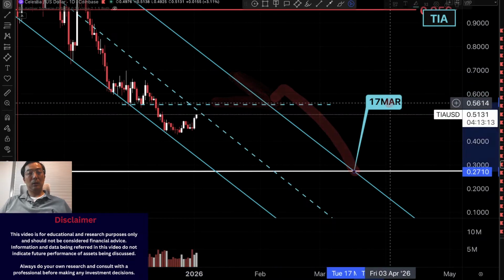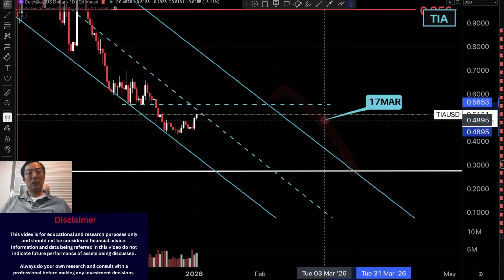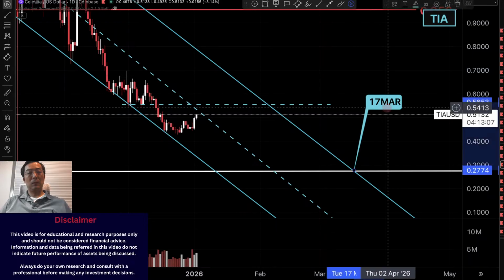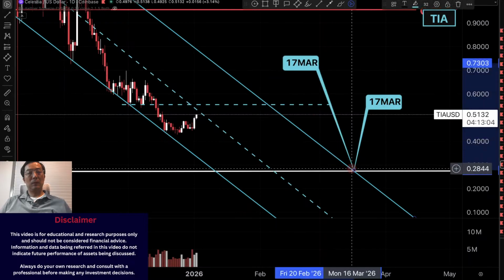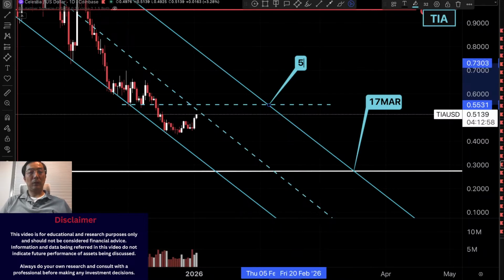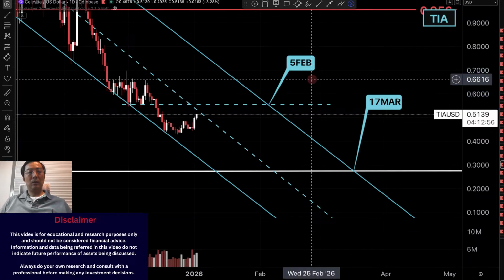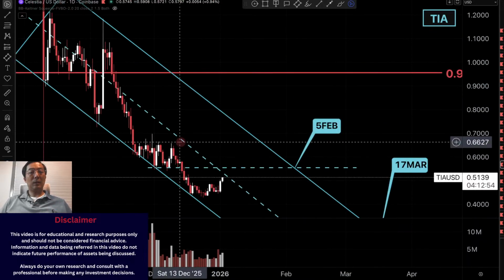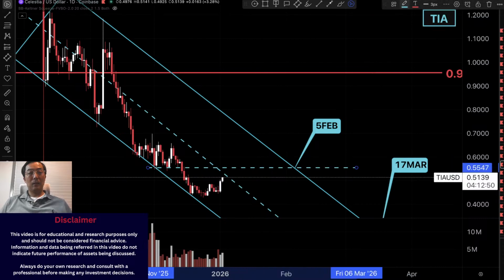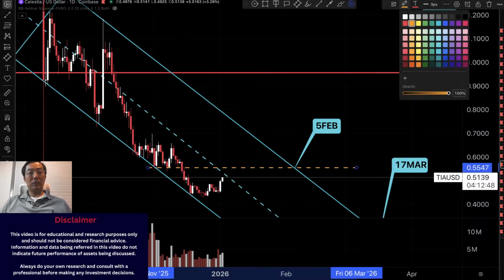So let's borrow this. That's pointing towards somewhere around. Of course, this may act as some form of resistance.